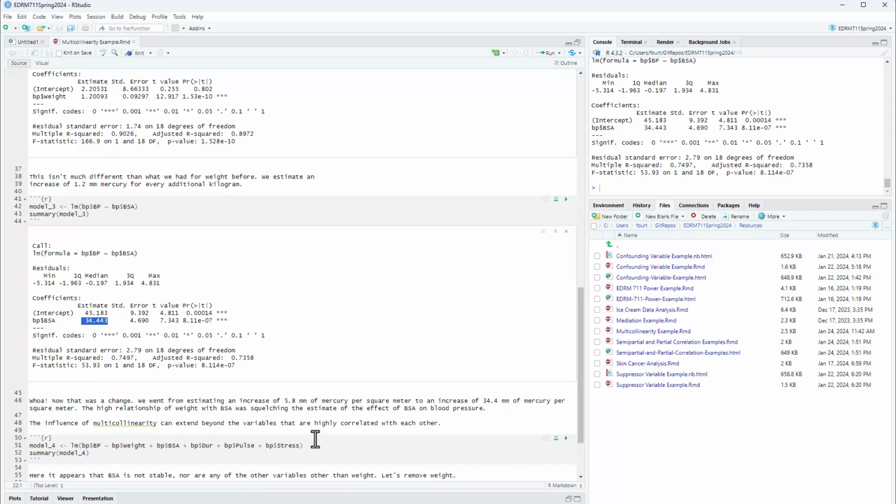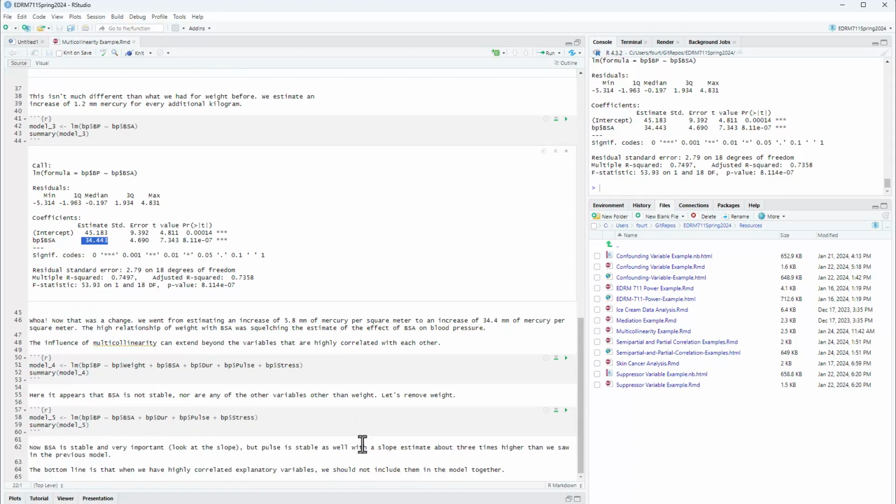The influence of multicollinearity, however, can extend even beyond the two variables that are correlated with each other. Let's take a look at this model. This model has weight, BSA, duration, pulse, and stress, all of our explanatory variables.